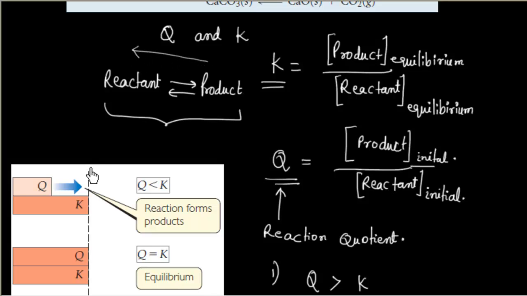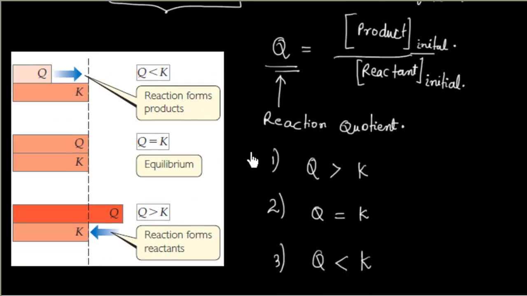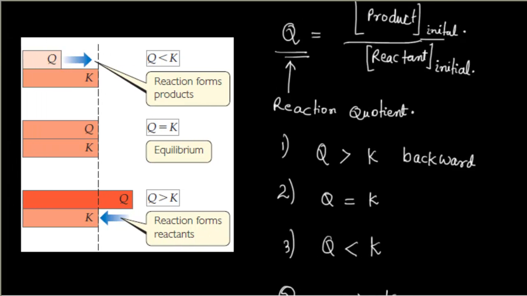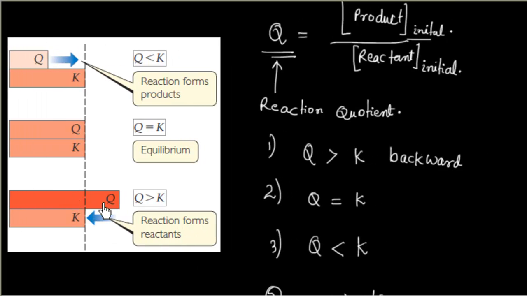This is the only possibility. So when Q is greater than K, we have a reaction in the backward direction. And this is shown here. In this case Q is greater than K, we have to decrease Q so that we can finally reach K. That is basically a backward reaction.